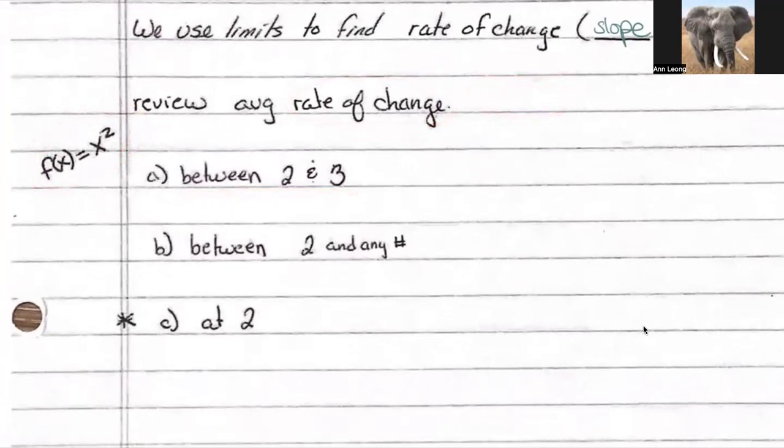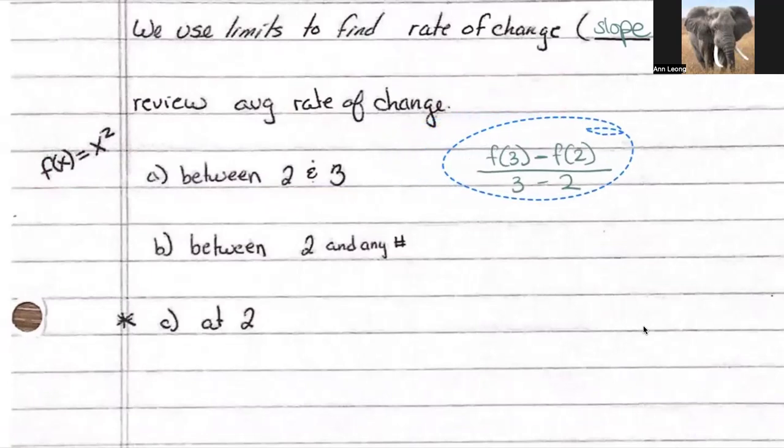So here it would be the function at 3 minus the function at 2 over 3 minus 2, and this is my average rate of change that I'm looking for.